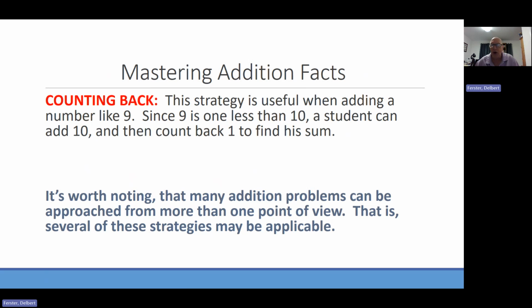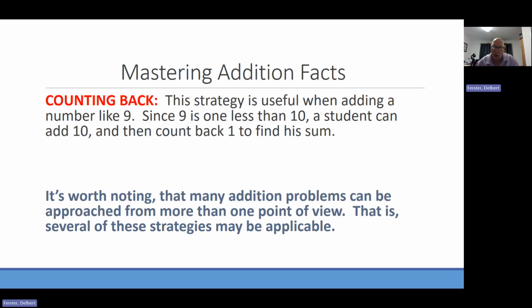Your author is very good, I think, in saying, look, in many problem cases, you could use a variety of these strategies. But again, I echo what I said earlier. If we stand in front of the room and talk about ways to get an answer quickly mentally, provide opportunities for practice, and have kids say, this is what I did, I think we can get kids to enhance their abilities to do math mentally.